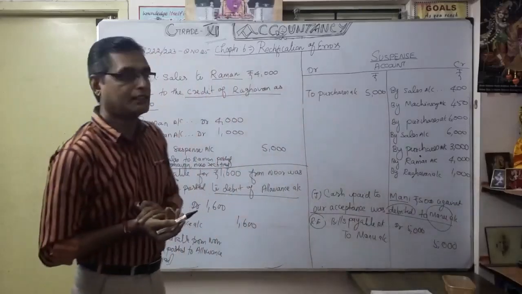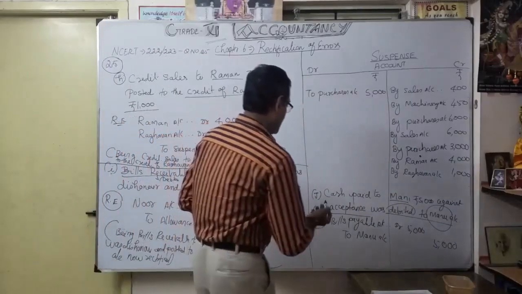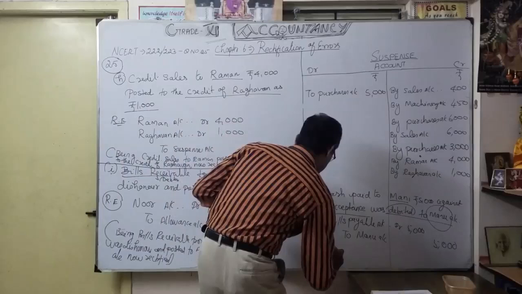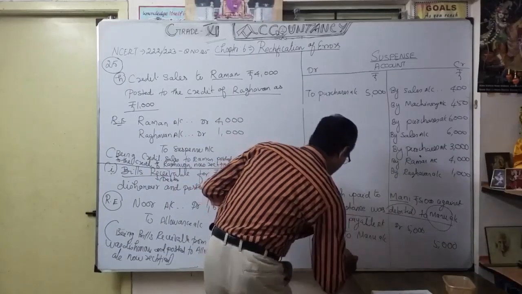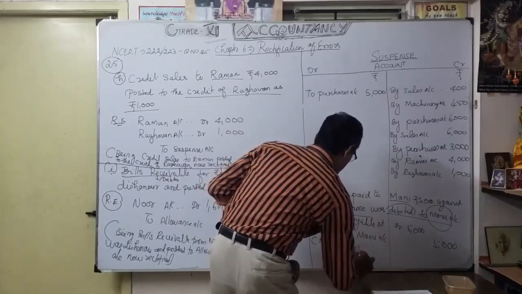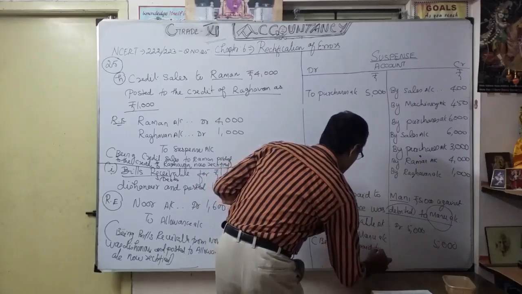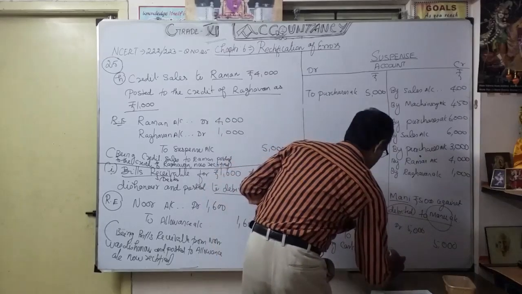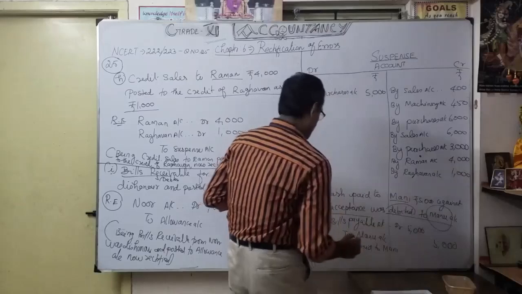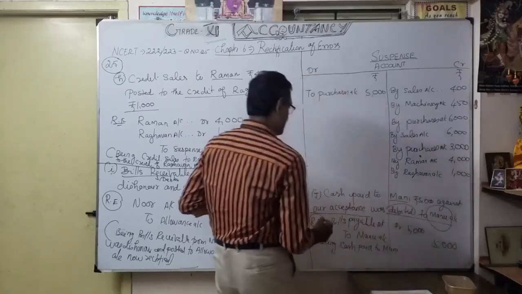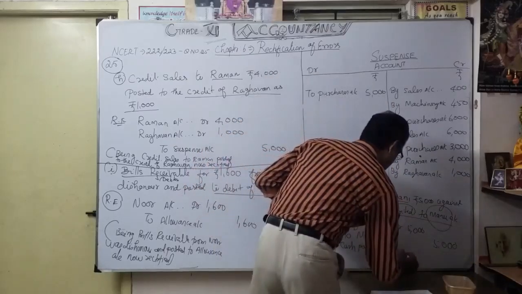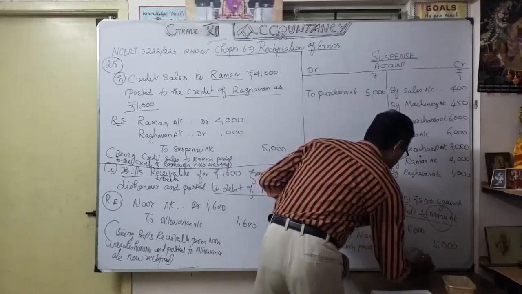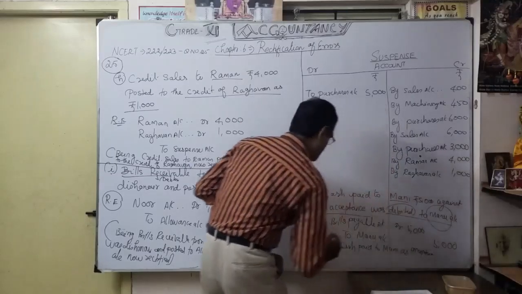Okay. So what is the narration? In the same way we have to write. Being cash paid to whom? Manu. Okay. But what happened? Manu's acceptance was debited to Manu.